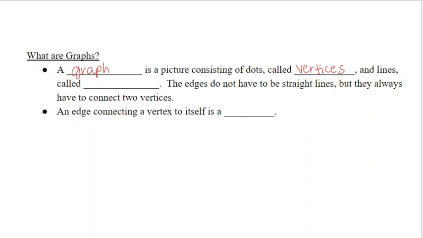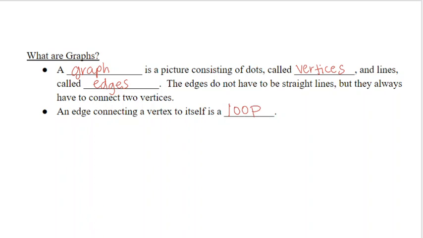Vertices is the plural of vertex. And lines, which we call edges. The edges do not have to be straight lines, but they do have to connect to vertices. And if an edge connects a vertex to itself, it is called a loop.